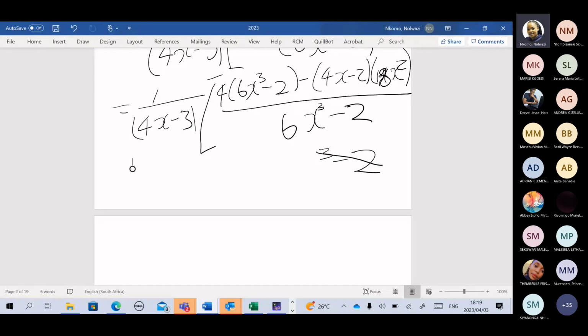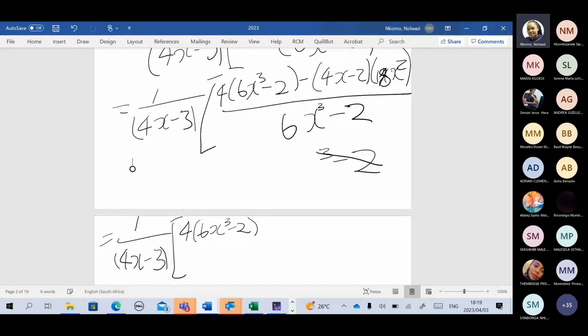Let me try that. We have 1 over 4x minus 3 into 4 times 6x cubed minus 2. Then I multiply everything here.